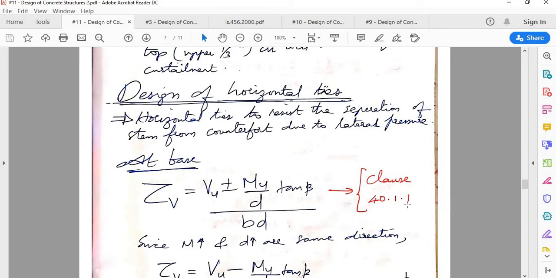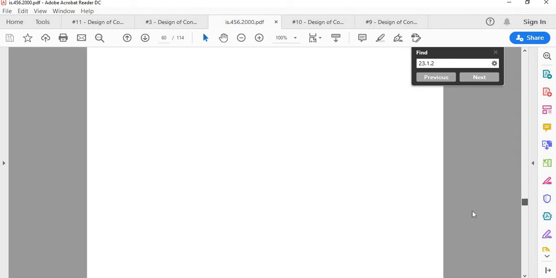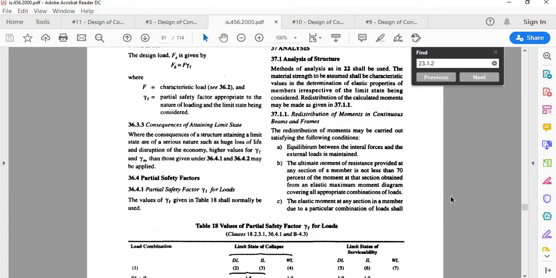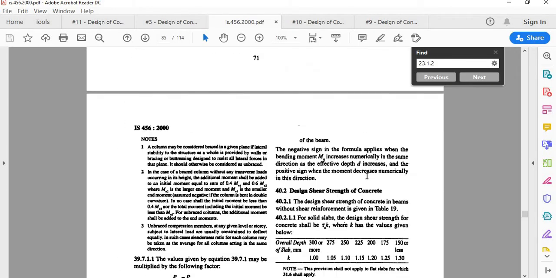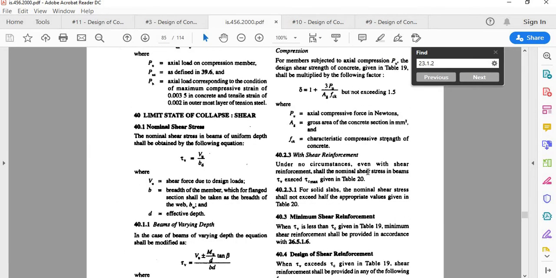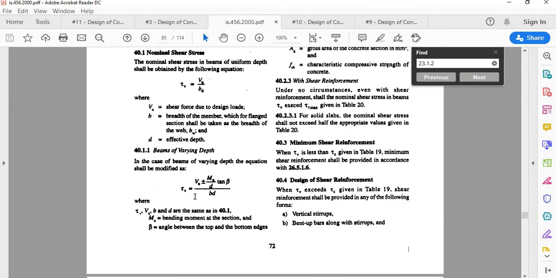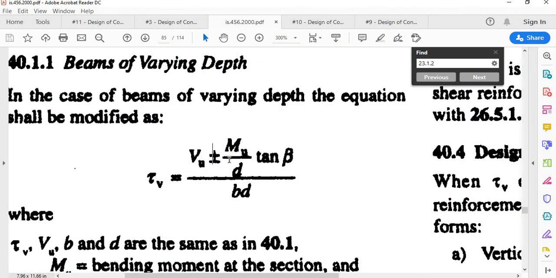It is given by clause 40.1.1. I am not sure if you have used this clause before. If not, you can go through it. Yes, this is the formula. Here there is a plus or minus.